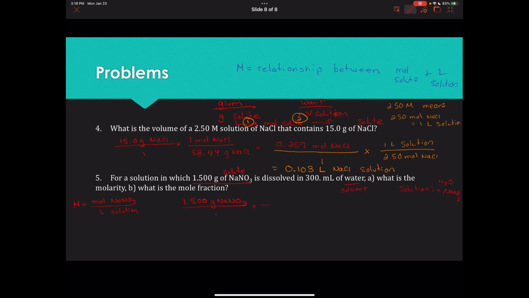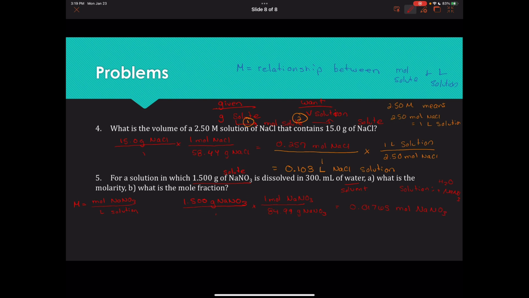So my sodium nitrate is going to have a molar mass of 84.99 grams per mole. So I've got 0.01765 moles of sodium nitrate.